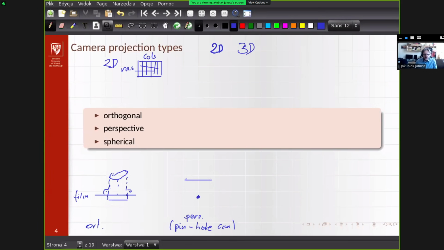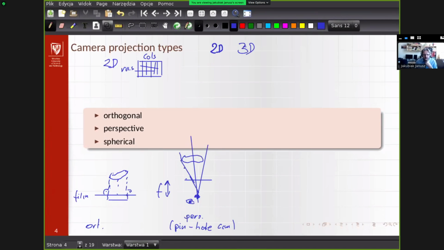You assume that there is an observation point, the eye, related to the film plane by the focal length, and you have some object here, but the image is collected through beams that all go through this eye point, the focal point of the camera.